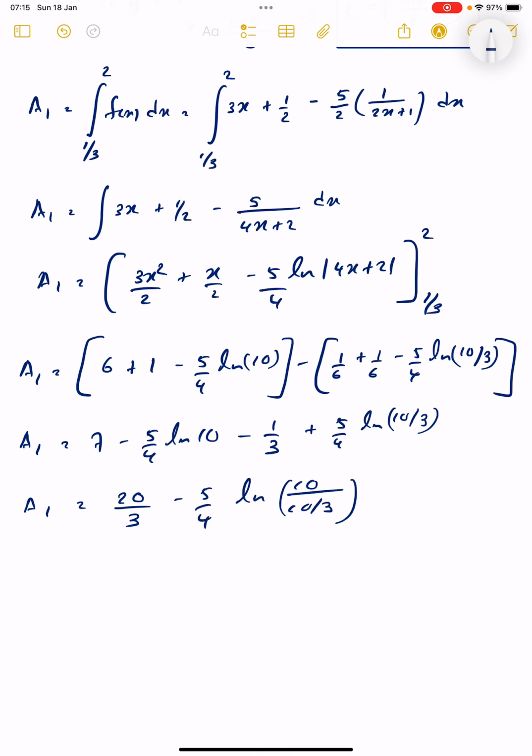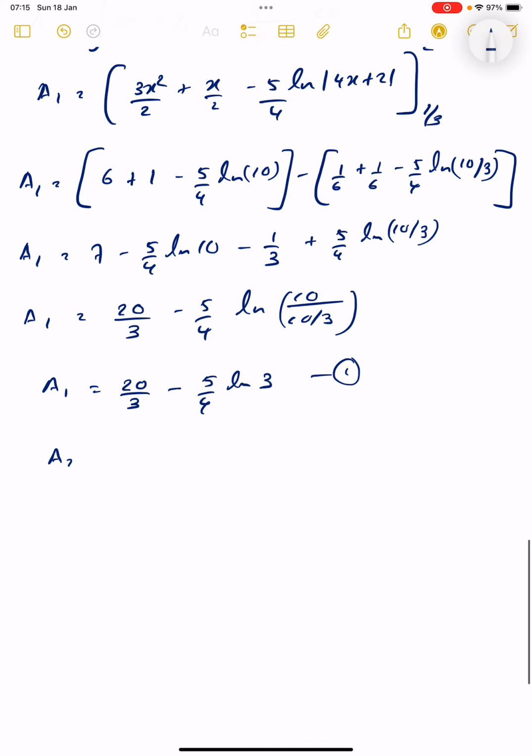Final answer, yeah, so 20 by 3 minus 5 by 4 ln 3. That's equation number 1.